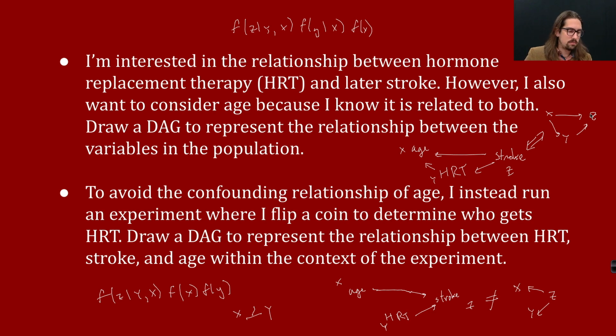Now, you may not see totally the relevance of that, but this is really fundamental. It's a fundamental difference between this situation up here, which represents an observational study where you're just going out and collecting data, right? And you're not really doing anything to intervene.